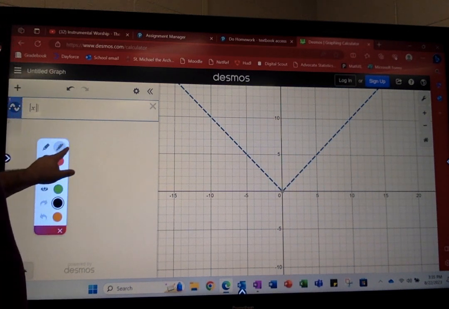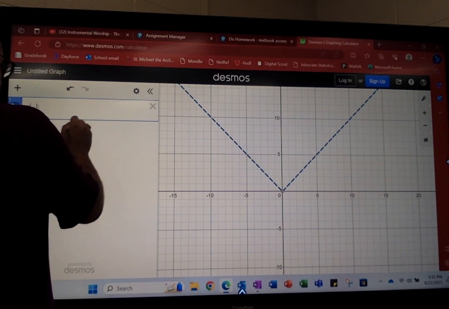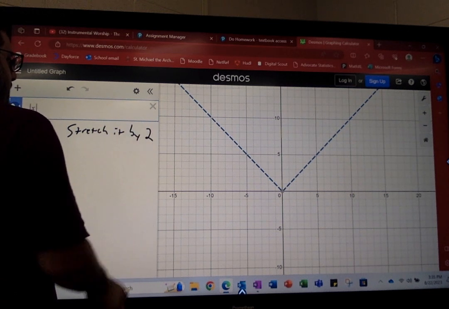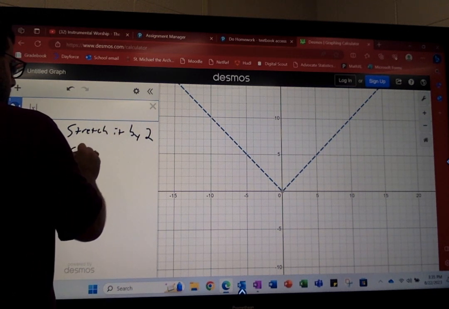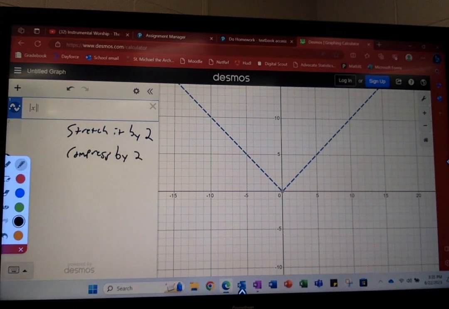We're going to take this function, absolute value of x, and we're going to stretch it by a factor of 2. Then we're going to compress it by a factor of 2. Or, I'm sorry, compress it by a factor of 1/2. Okay?